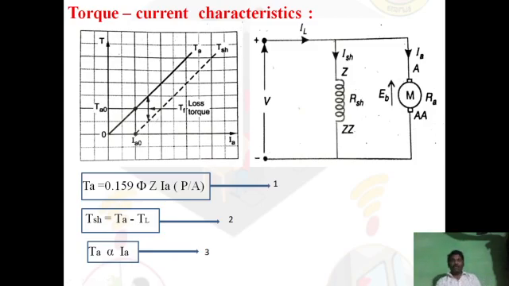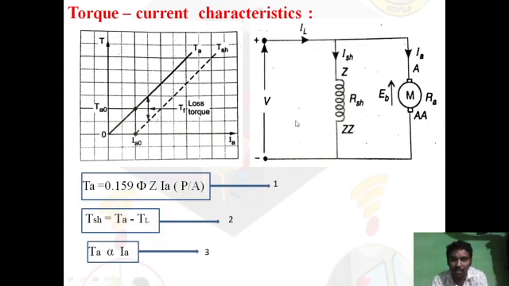In case of a DC shunt motor, whatever current flows through the field winding is constant. The supply voltage comes in parallel to the shunt field winding, therefore Ish is constant. Whatever flux is produced by the field winding we can also consider as constant.